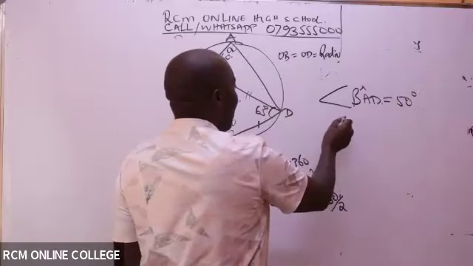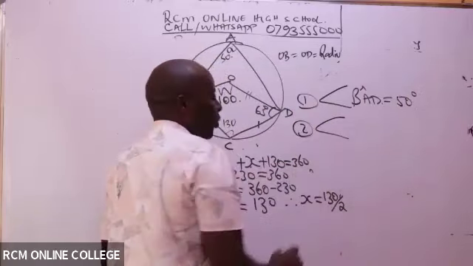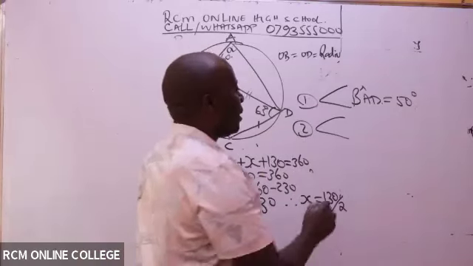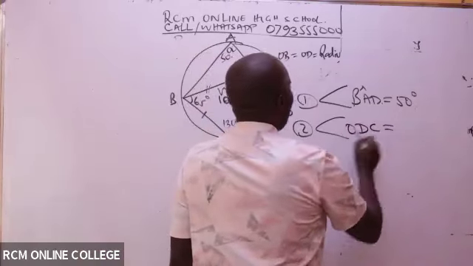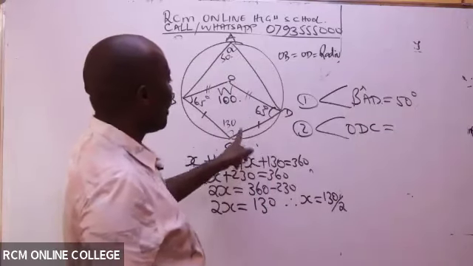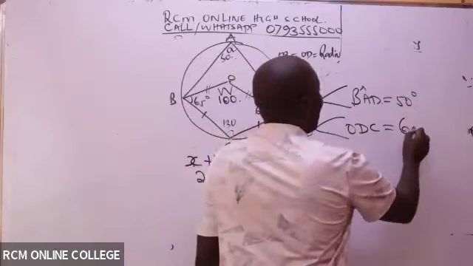And then the second one, number 2, is ODC. That is our x, which is 65 degrees.